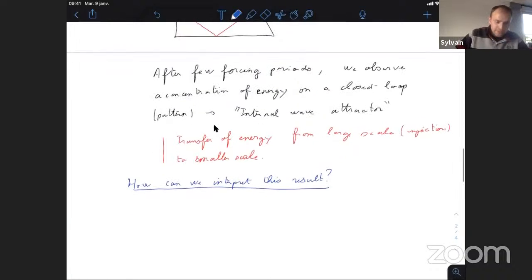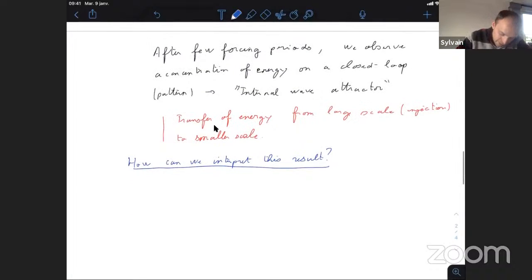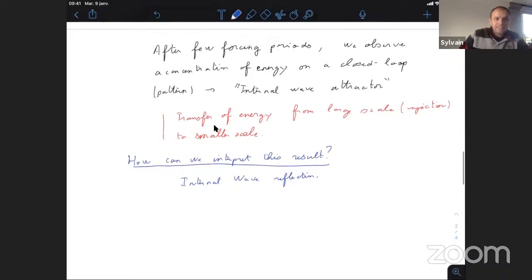So to interpret these results, I go back to internal wave reflection. That's a good question, and I will answer this later in my lecture.